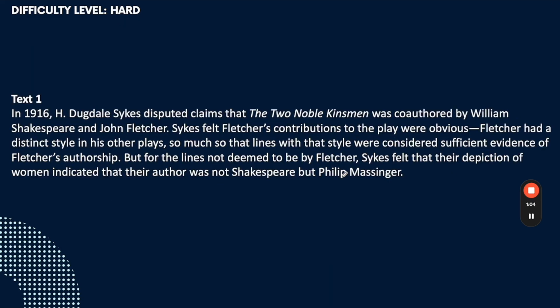So let us go ahead and read the first text. In 1916, Sykes disputed claims that the Two Noble Kinsmen was co-authored by William Shakespeare and Fletcher. So this person, Sykes, finds a problem with saying that this book was written by William Shakespeare and Fletcher both. Now what he has to say, let's understand by reading ahead.